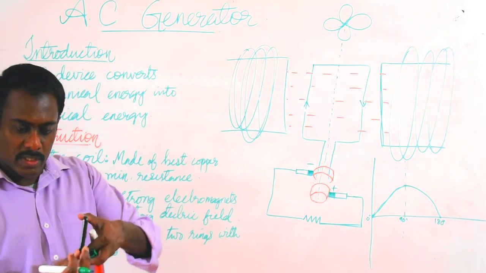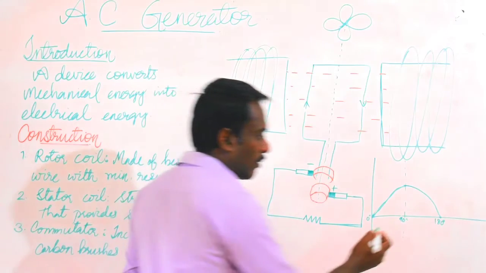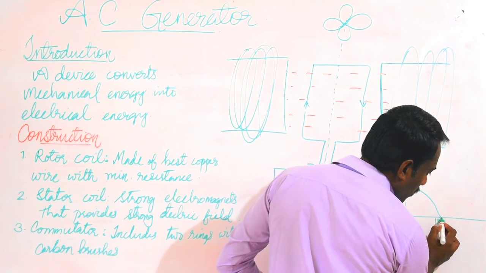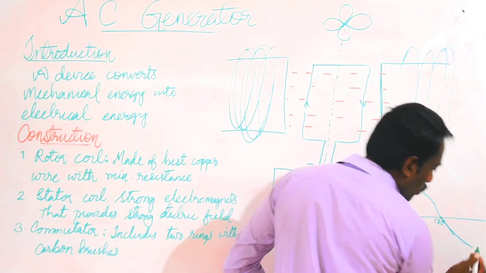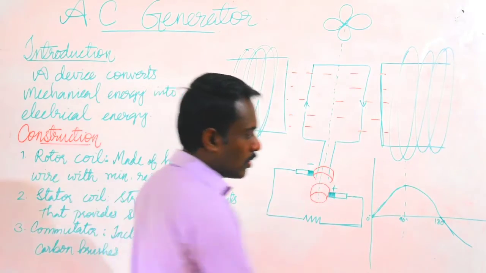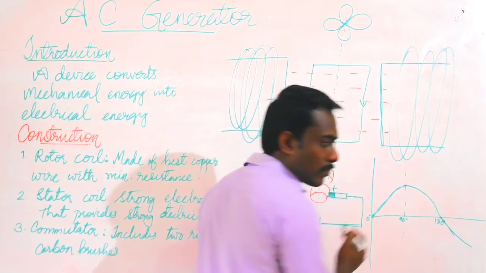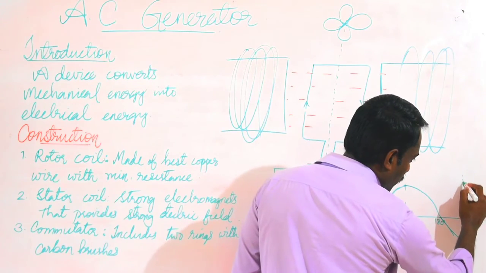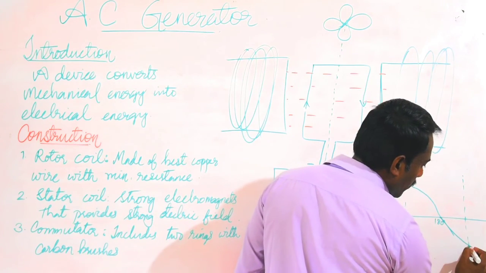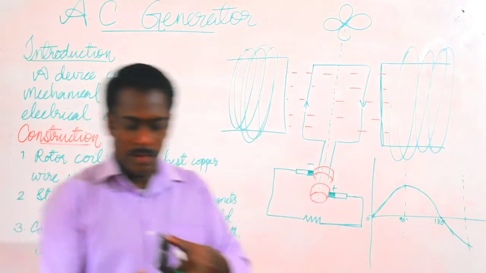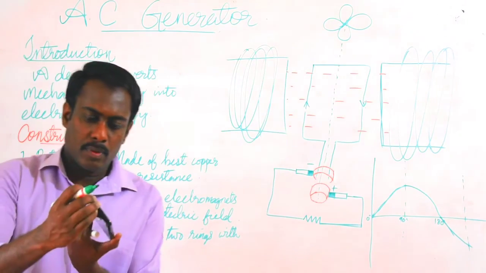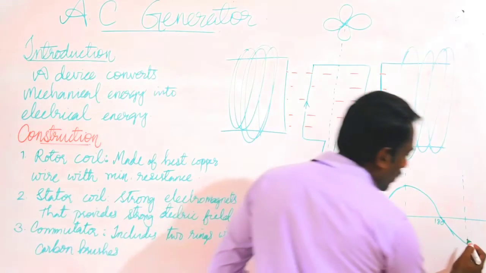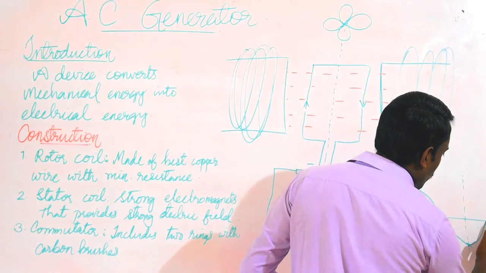From this position it rotates 90 degrees, and the flux, which was maximum, drops to 0. So there is a maximum change in the magnetic flux, which produces maximum induced EMF here. And again from the previous position, it rotates another 90 degrees, and the induced EMF reduces.